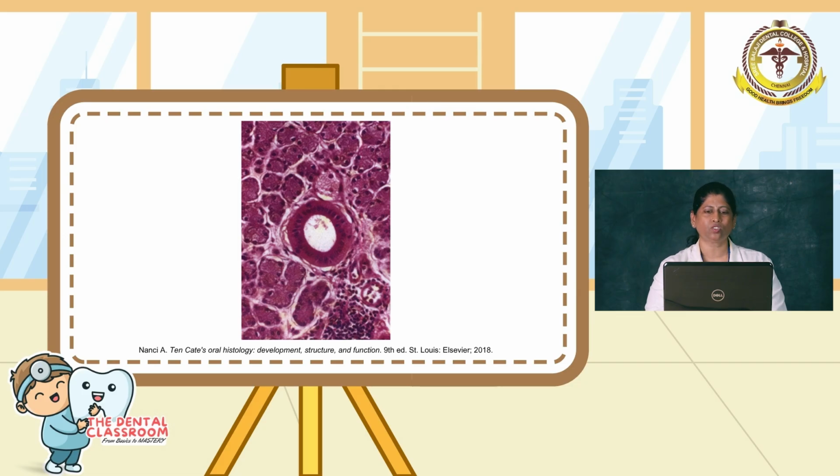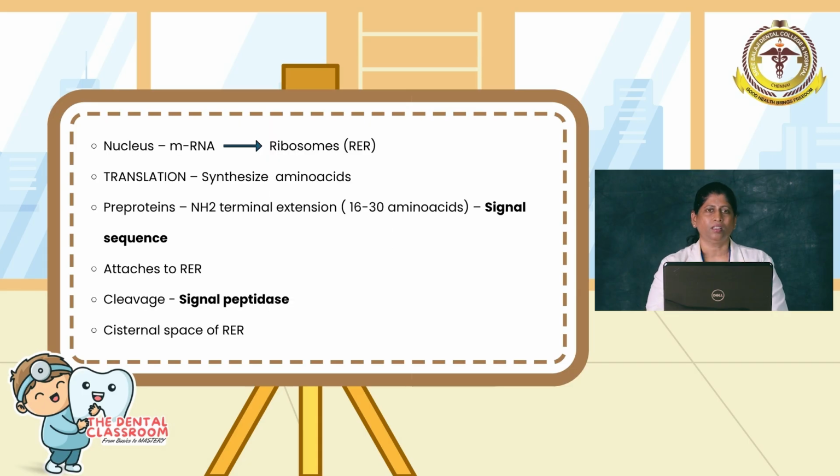This is a light microscopic structure of a serous cell, and you have a central duct in place. The nucleus first receives its information from the messenger RNA, and it delivers the information to the ribosomes which are there in the rough endoplasmic reticulum. The ribosomes then synthesize amino acids, and this process is referred to as translation. Initially they are pre-proteins.